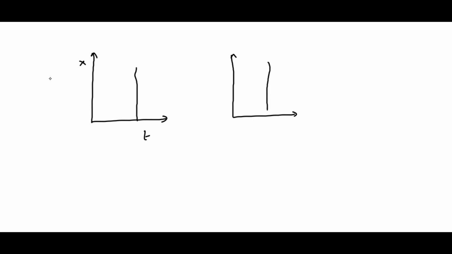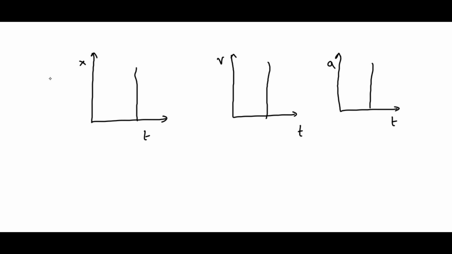And one more set. Again, position time graph. The graph is like this, a line parallel to x. This position. And here is also a line which is parallel to v, and here also a graph which is parallel to acceleration.